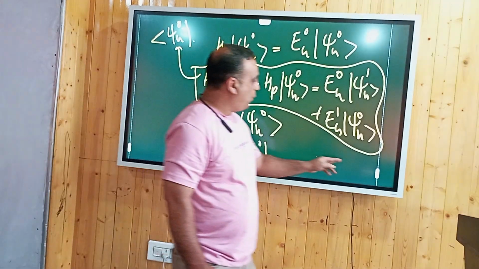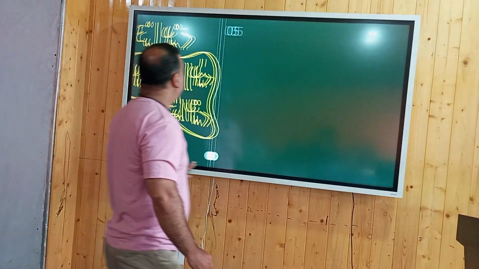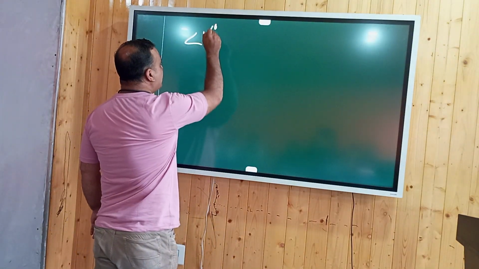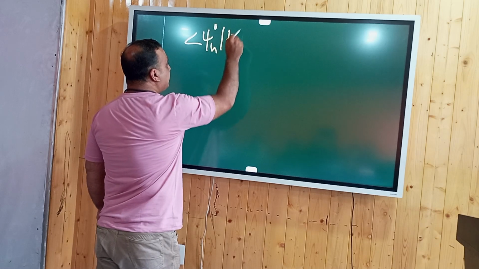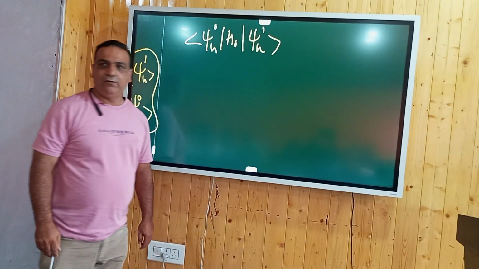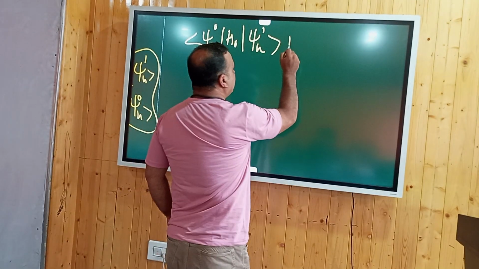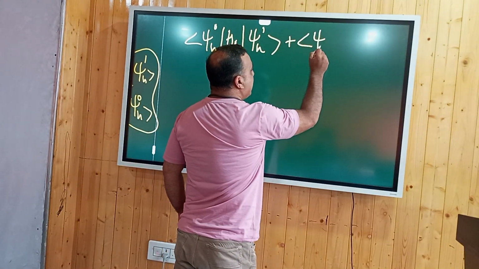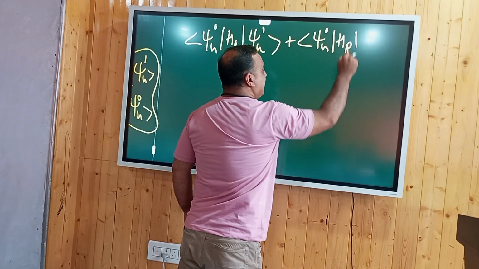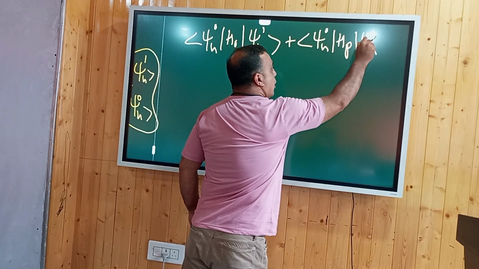So when we do that, what can we do? We will have psi n naught, H naught, psi n 1, plus psi n naught, H P, psi n naught.